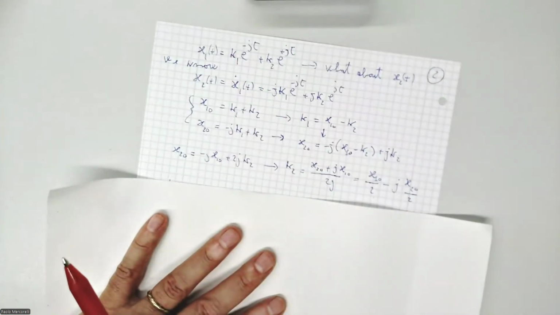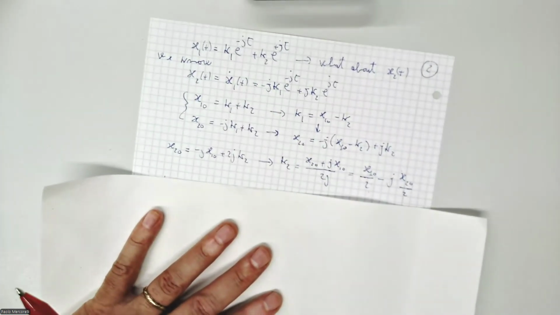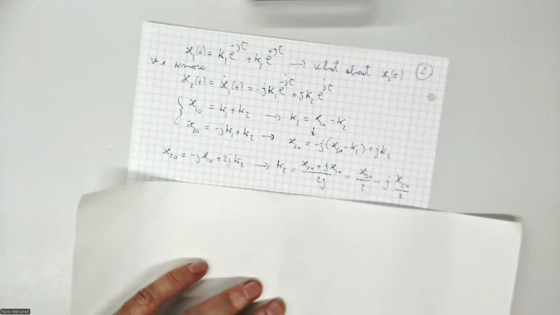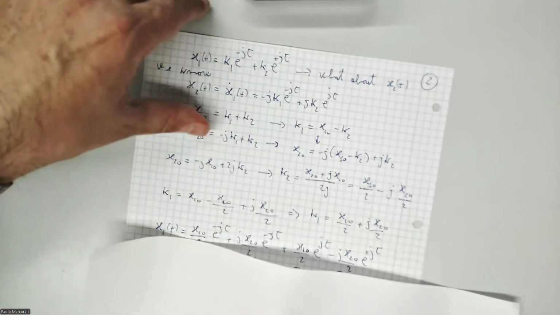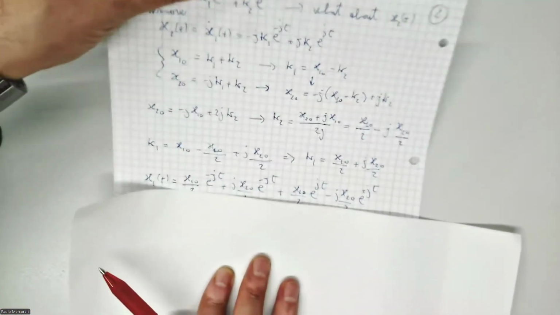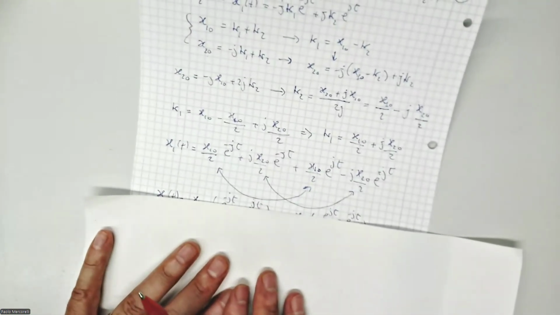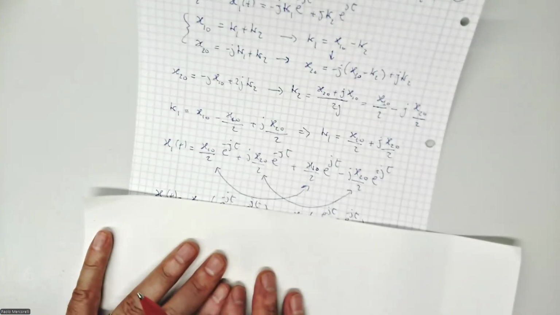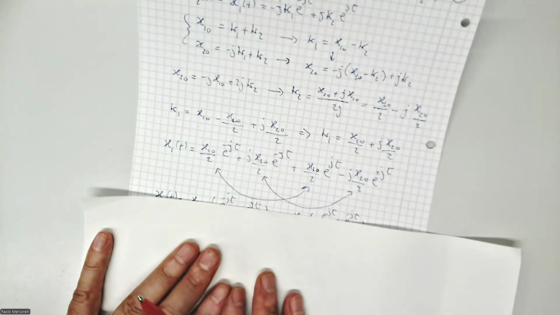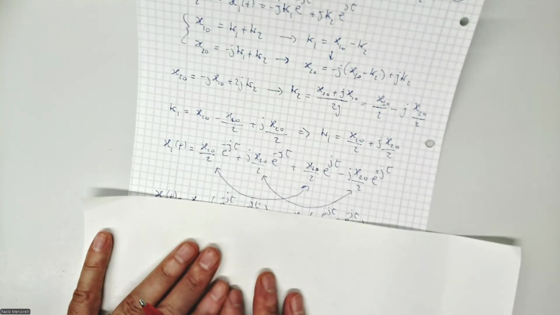This means if I do a lot of calculations, which basically are boring calculations, but we did something similar in a more boring condition. The idea is to calculate k1 and k2 as a function of x10 and x20.